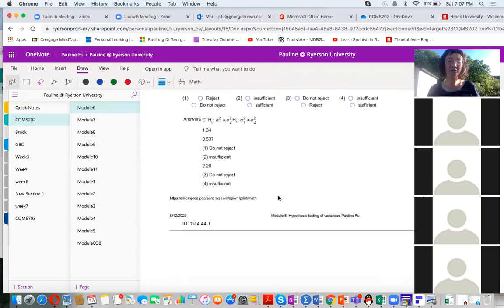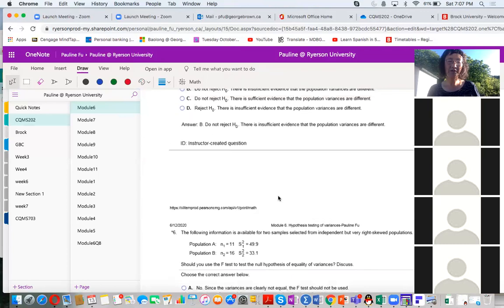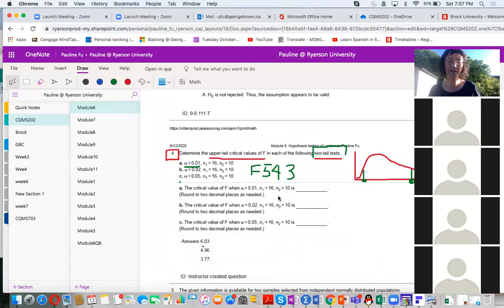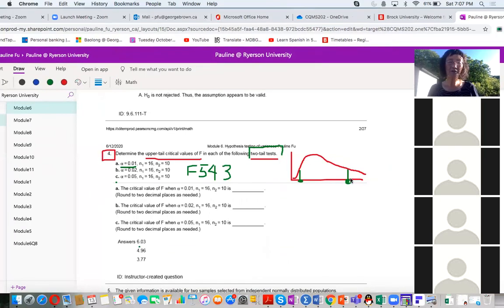So I just want to show you, in case some students wonder, how do you find the critical value? See, based on this method, you can find the critical value, right? And once you found the critical value, so what? You compare the critical value with the test statistic. Remember, the function of a critical value is to decide the rejection region. In this case, those shaded areas are the rejection region.